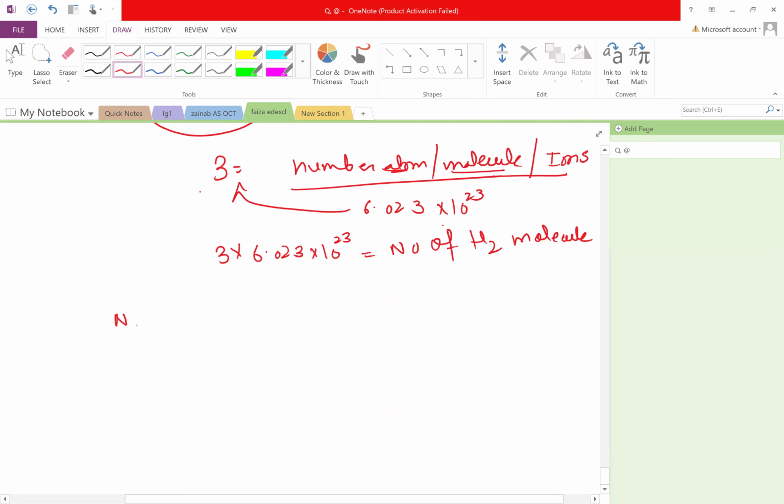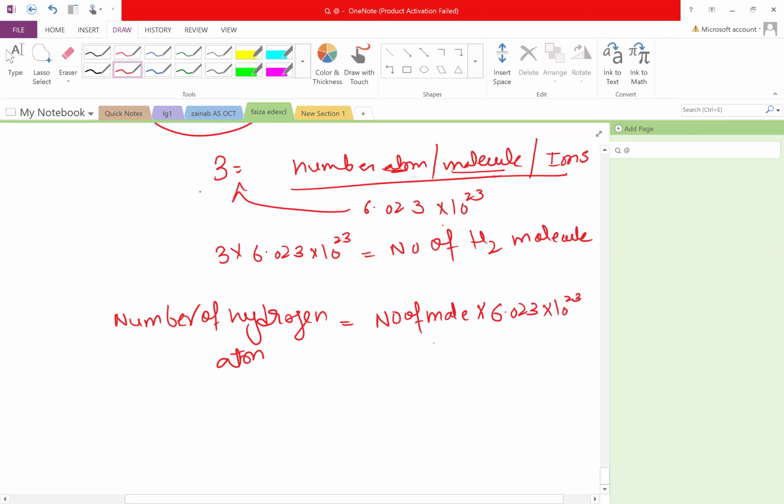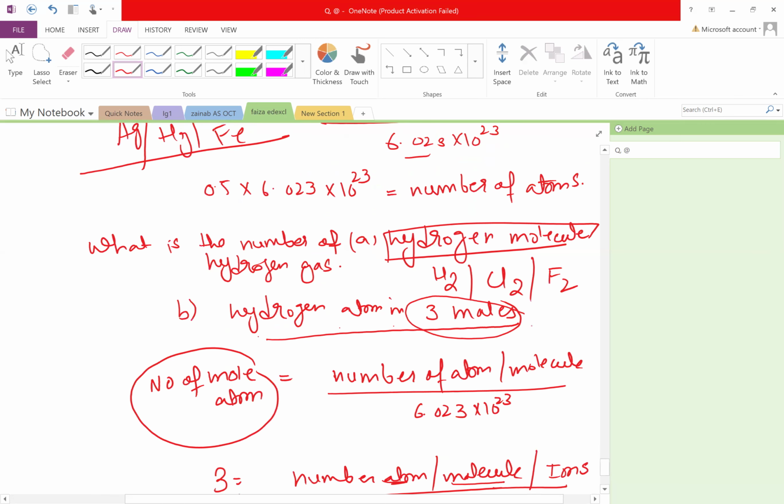Now the number of hydrogen atoms will be equal to number of moles multiplied by Avogadro's number. Isn't it? Number of moles I brought on this side, and number of atoms I have put on that side. So the number of moles for an atom is given as 3, isn't it?